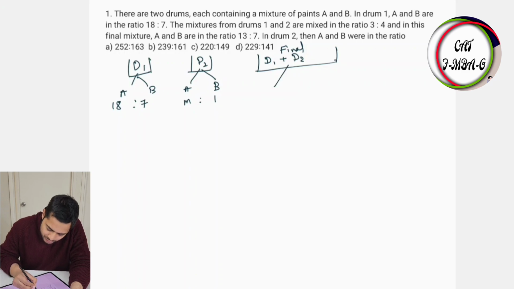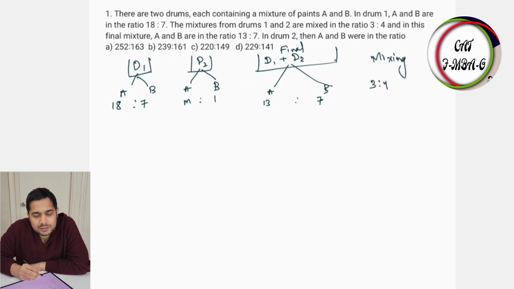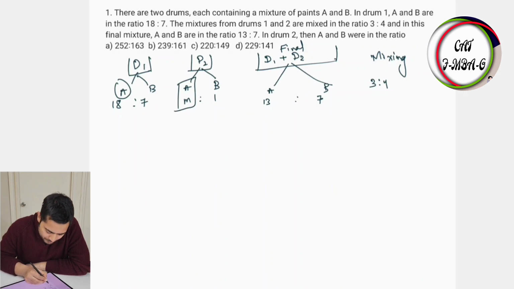In final mixture, the ratio of A is to B is 13:7, and these are mixed in the ratio 3:4. So in these kind of questions, stick with one mixture or one solution, stick with A or stick with B, whatever you like. We have assumed the ratio of A to be M, so we will stick with it.